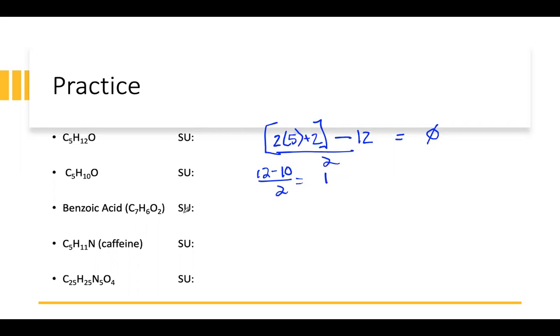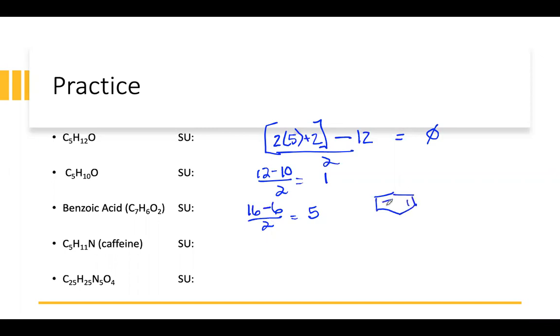Benzoic acid, now I've got C7H6O2. And so the expected hydrogens should be 16, so that's 7 times 2 plus 2. So 16 minus 6 divided by 2. 16 minus 6 is 10, divided by 2 is 5. And boy, that seems like a lot for a small little compound.